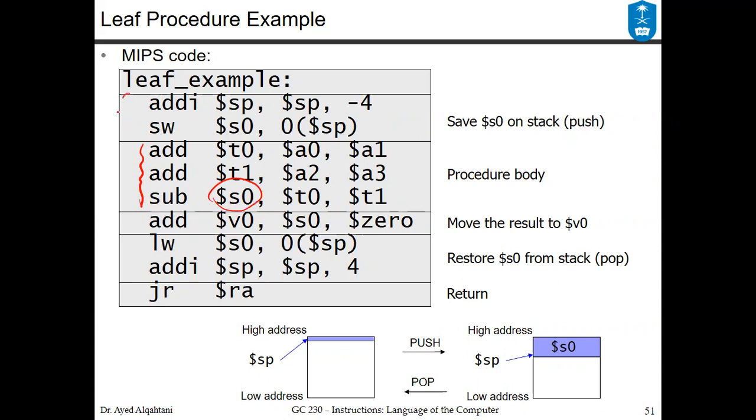Now you know that you need to push. At the end, when you are done, you need to pop, and after that, you jump return with RA. And don't forget that you need to move the final result, whatever it is, to V0. So the leaf procedure is fairly easy.